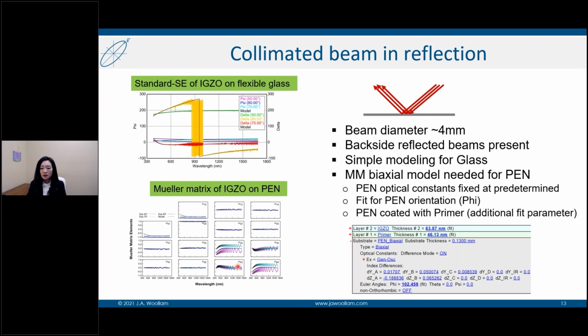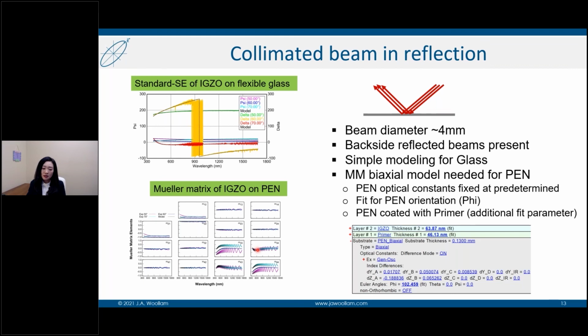On the other hand, for the PEN substrate sample, we have to deal with a significant birefringent effect, as you see from these oscillations, as the beam travels through a long path length, which is the film thickness related, leading to a high retardance between the P and S waves.